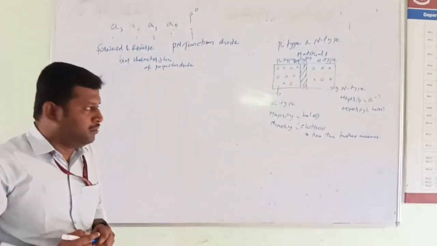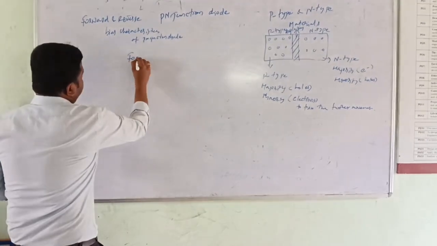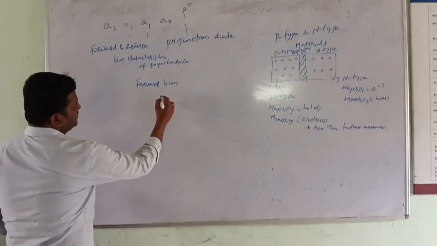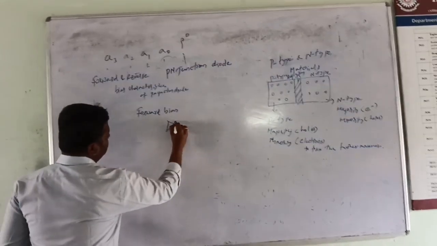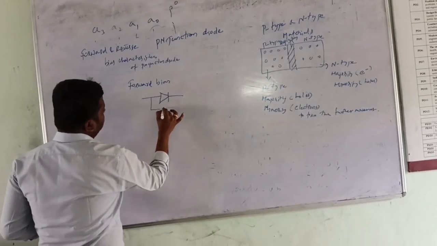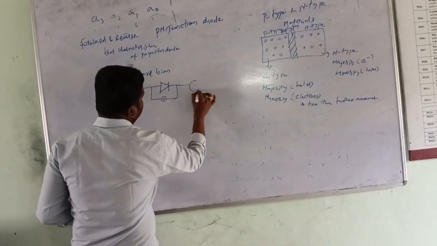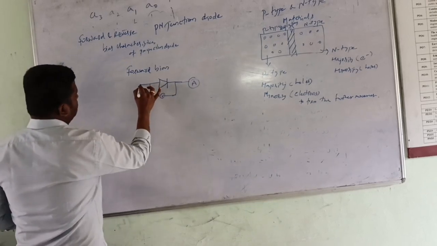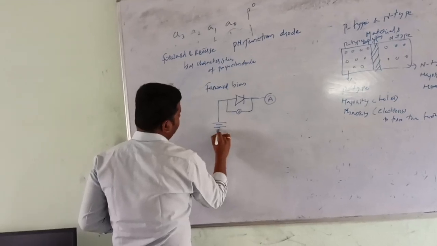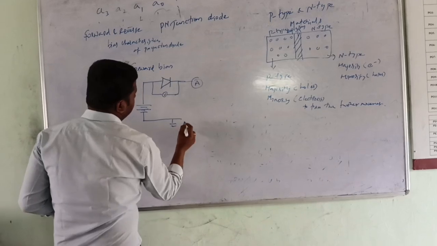Next, forward bias and reverse bias. Forward bias consists of, first, the diode connected to the voltmeter and ammeter, and we are connecting to the power supply and ground.